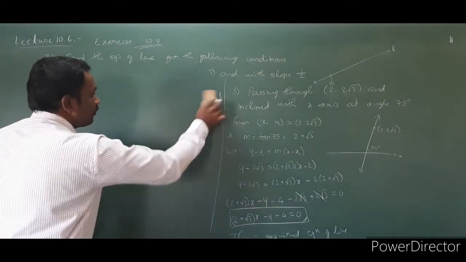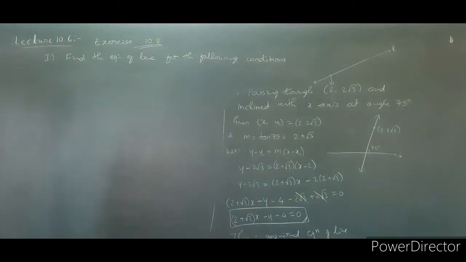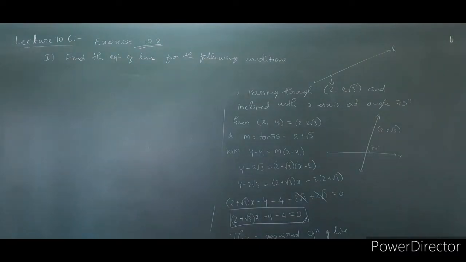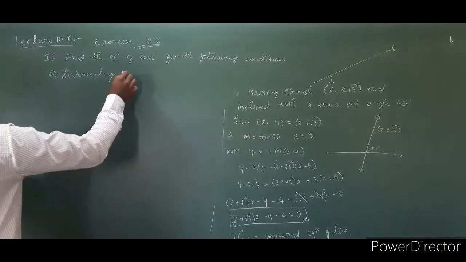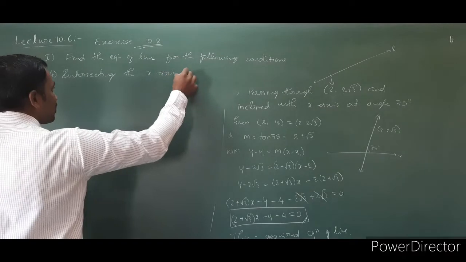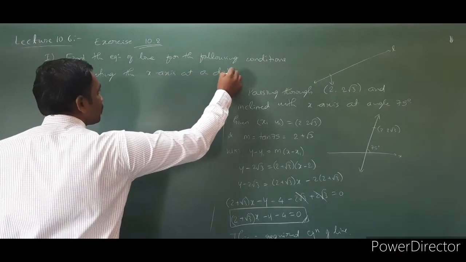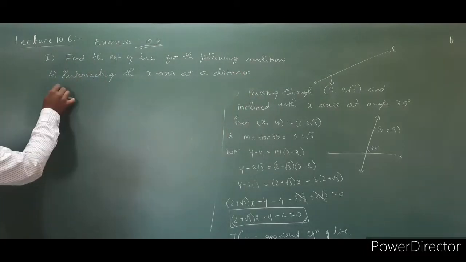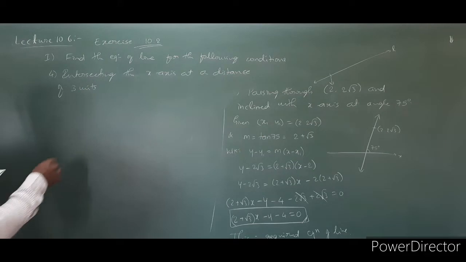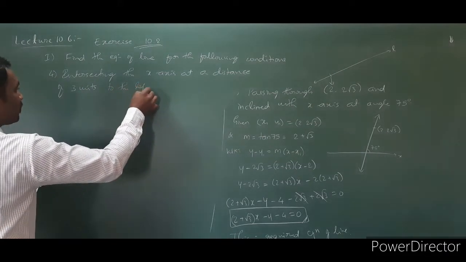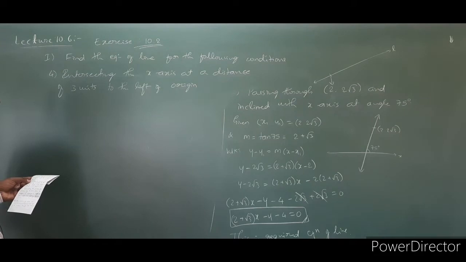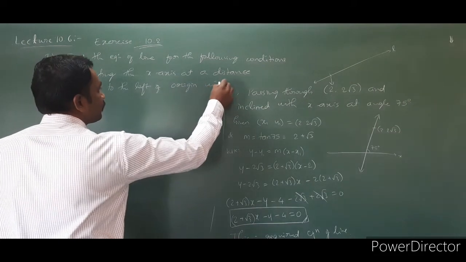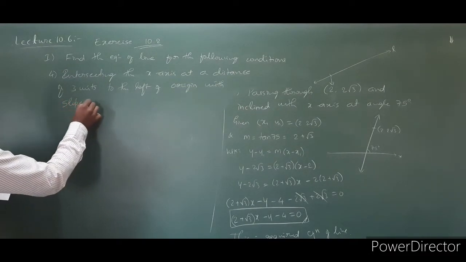The fourth problem: intersecting the x axis at a distance of 3 units to the left of the origin, with the slope minus 2.